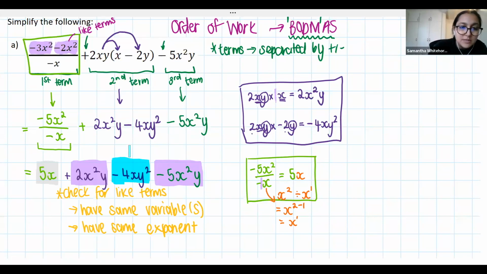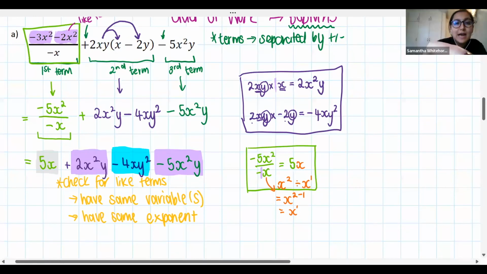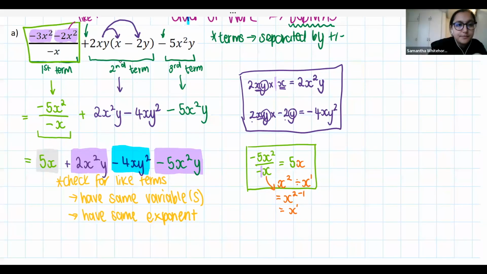And the reason is because the exponents are different. Yes, I have got an x and a y, but in this case, the y is squared. With the other purple terms, the x is squared. So the exponents are not the same, and we need to bear that in mind when we're checking for like terms. So now I can add or subtract my like terms.